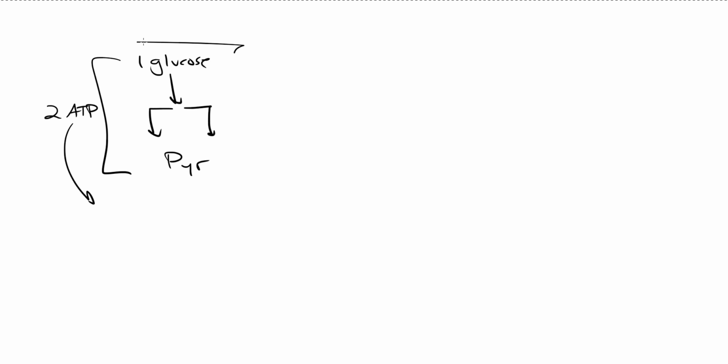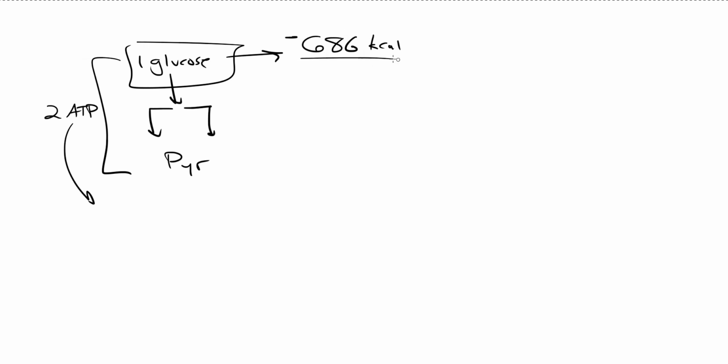If you look at the amount of free energy in a single glucose molecule, that's 686. That is not 680, 686 kilocalories released when we measure it. The amount of energy in 2 ATPs is about 14 kilocalories. So when you do the math there, that's about 2.1% of the free energy. That's terrible, right?